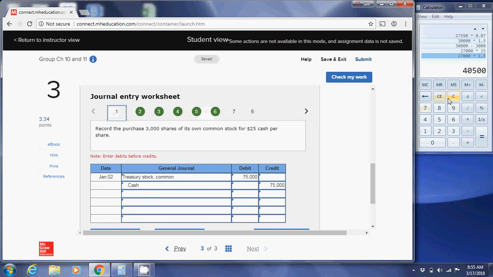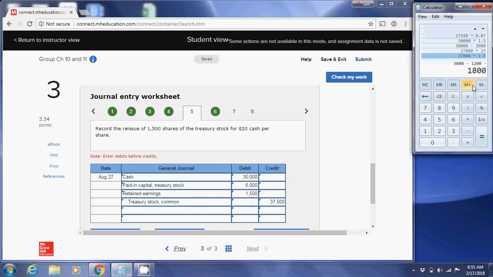Remember that we purchased 3,000, and I believe we sold back a few. So we sold back 1,200 and 1,500. So we're going to do minus the 1,200 minus 1,500. So there's still 300 shares in treasury, right?